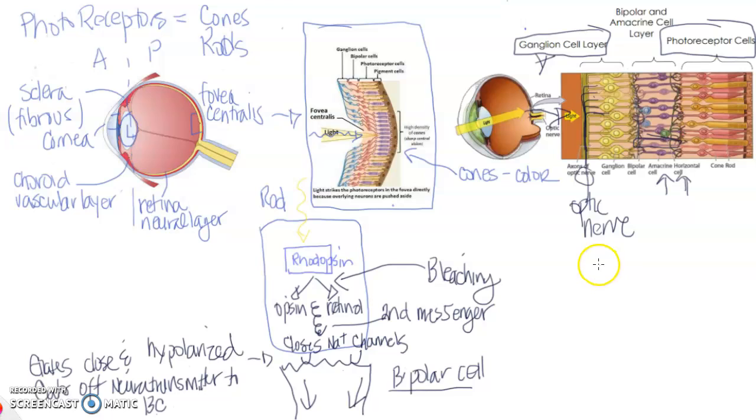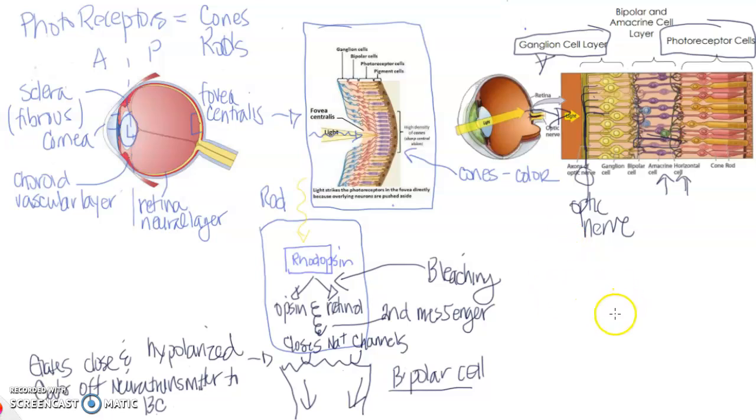Okay, so this is a very, very gray description of vision. There's way more to it than this, but overall, this is basically what occurs, and this occurs generally at the fovea centralis.